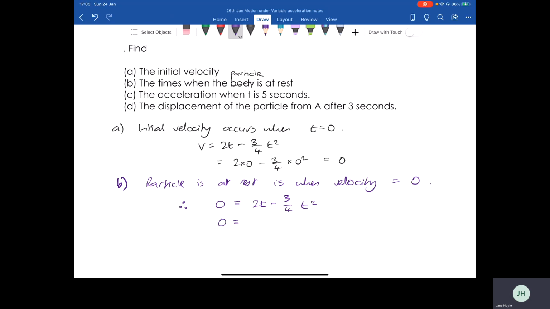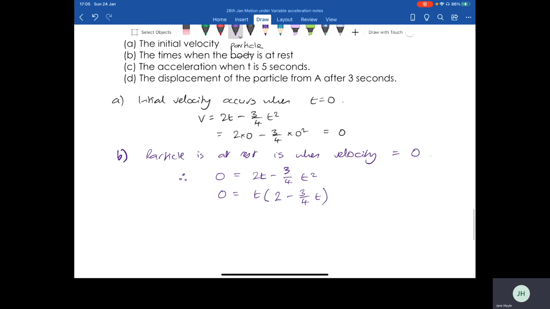I haven't got mine to hand, so I'm going to solve it as if it was a quadratic, take out a factor of t, and as a quadratic, it's got 2 solutions. So the first one there, t is equal to 0, which of course we knew from part 1. Initially the velocity is 0.